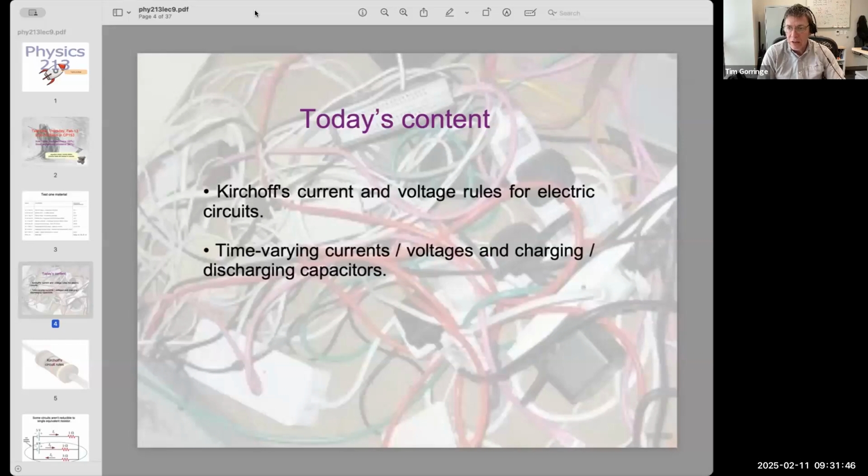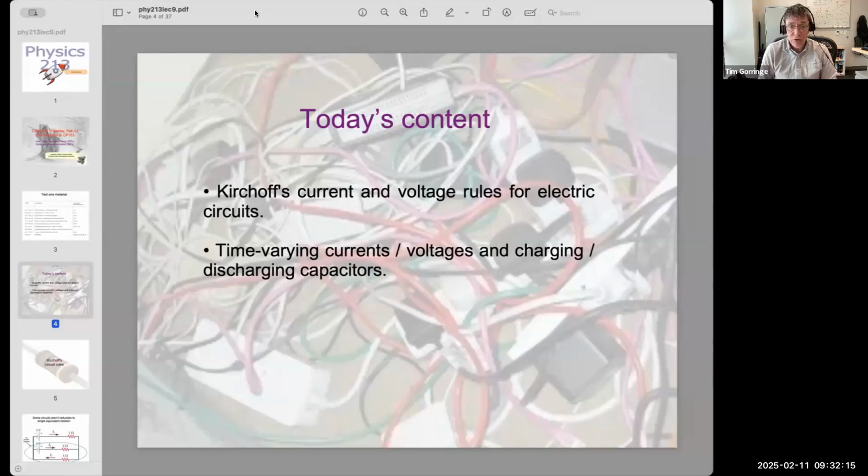So in the last couple of classes, we've introduced electrical current, we've introduced electrical resistance, and we've looked at some circuits involving electrical currents and electrical resistance. We've looked at circuits involving batteries and resistors. Today's class, we're going to continue with circuits, circuits actually that involve batteries, resistors, and capacitors.